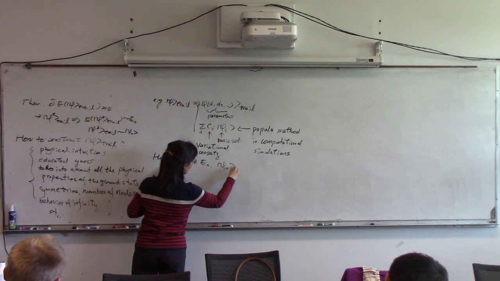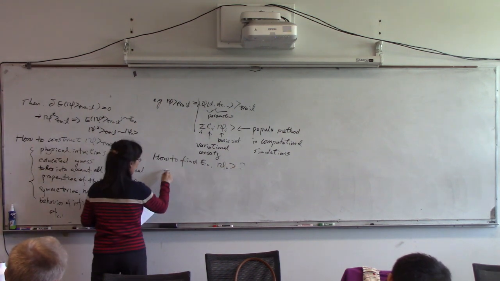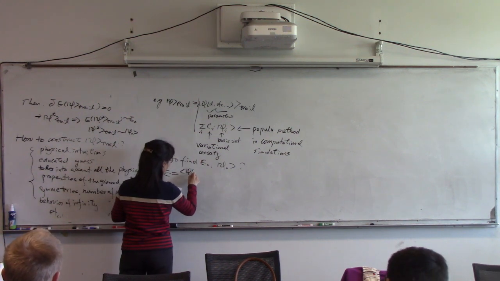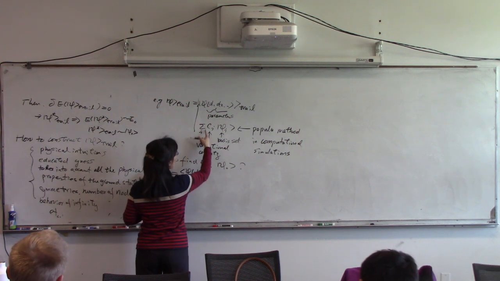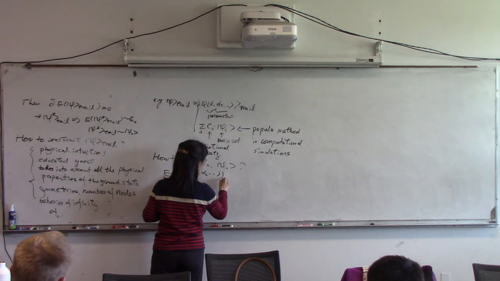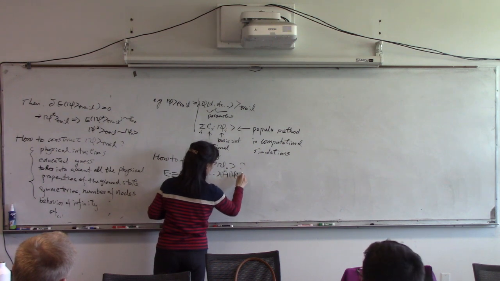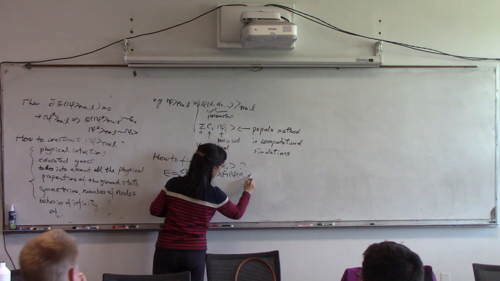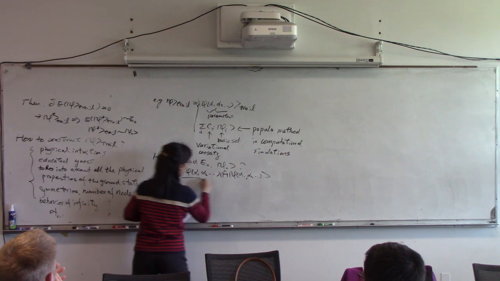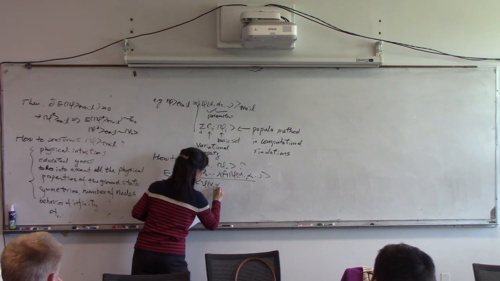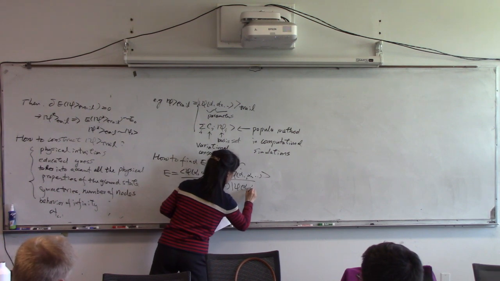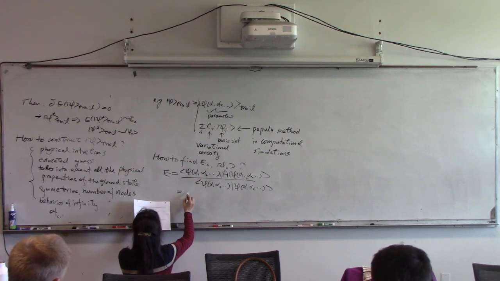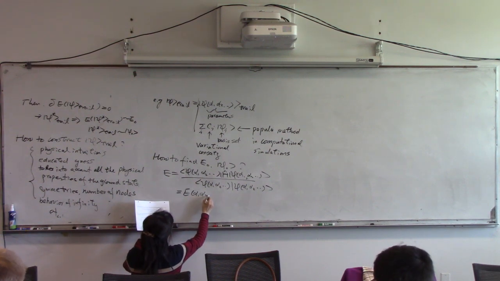The first step is to compute this expectation value. We have a trial function, suppose we use this one, with parameters alpha 1, alpha 2, and these states. After the integral, the expectation is a function of those parameters, right?